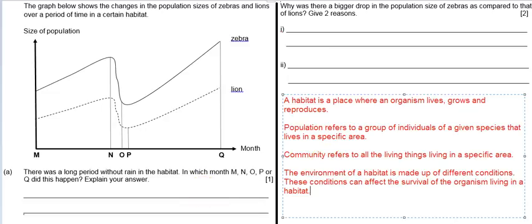Okay. We also know that there are many things in the environment that affect the survival of the organisms living in the habitat. Okay, and these conditions include a lot of things.